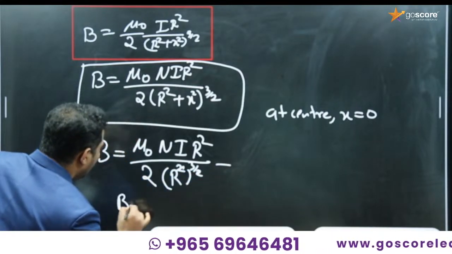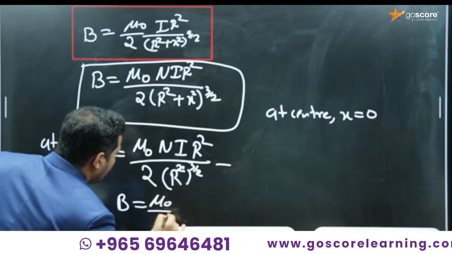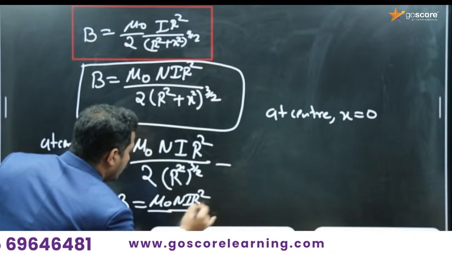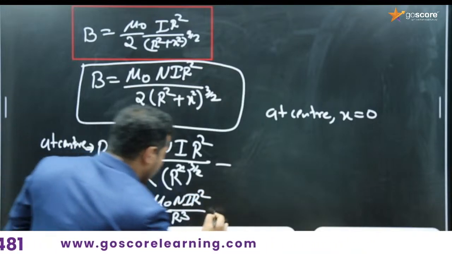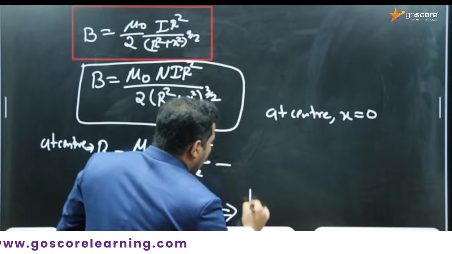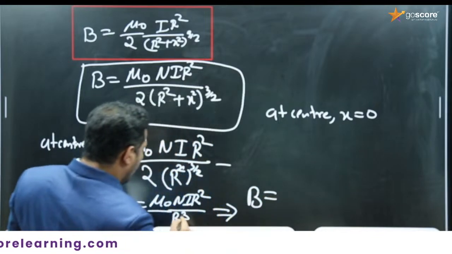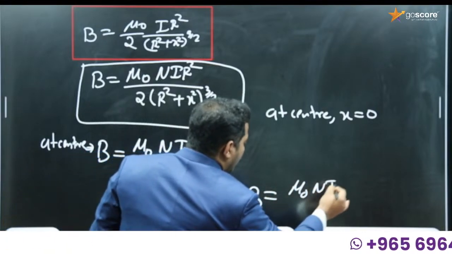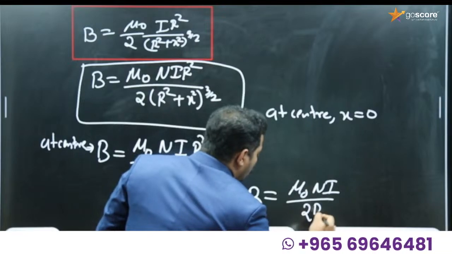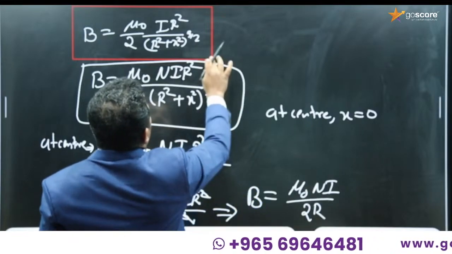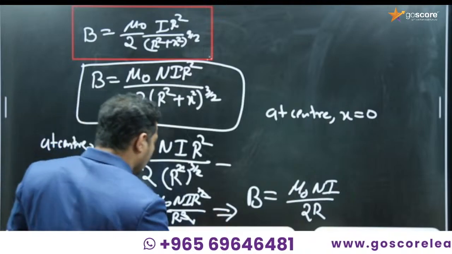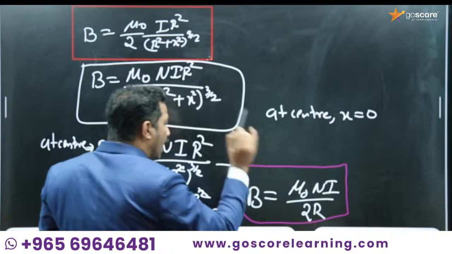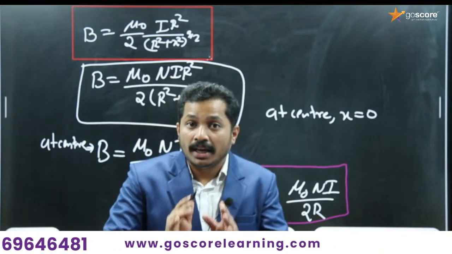What we get is B equals μ0 n I divided by 2r. So this is the expression for the magnetic field at the center of the circular current loop.